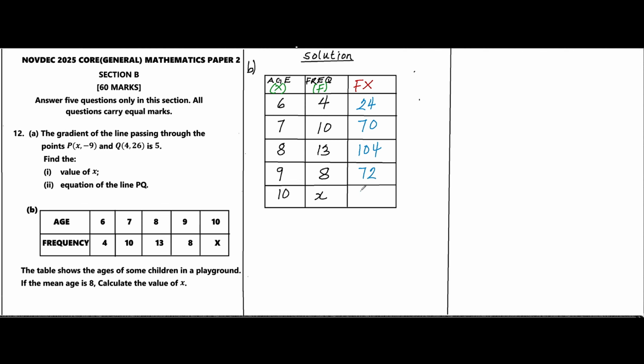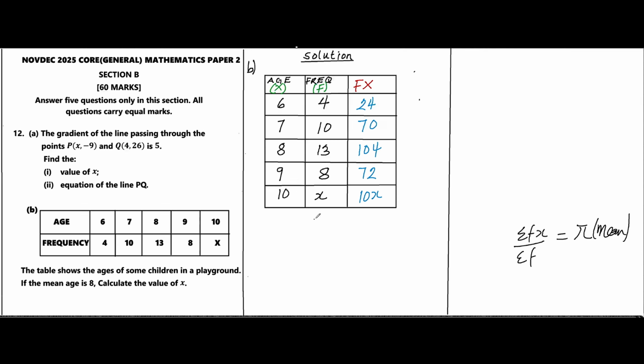And then 10 multiplying x, we have 10x. Recall that the mean age is calculated using the formula summation fx all over summation f. So this formula here must be equal to the mean, that is the mean age. So we need summation fx and summation f.